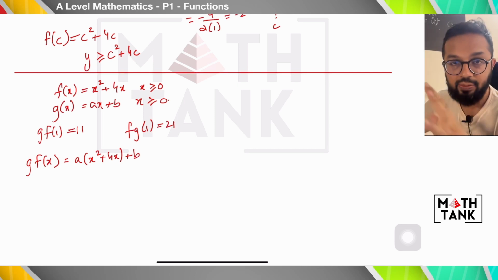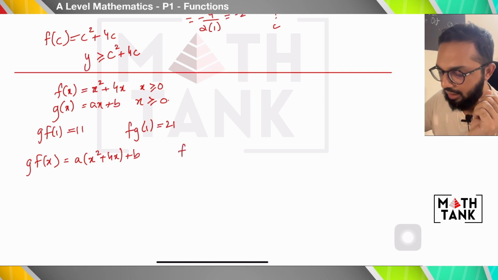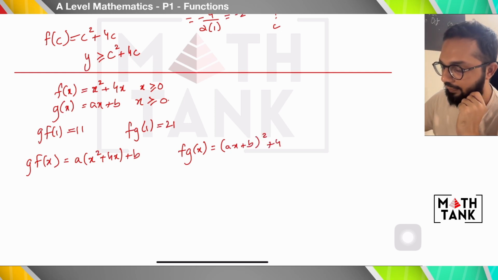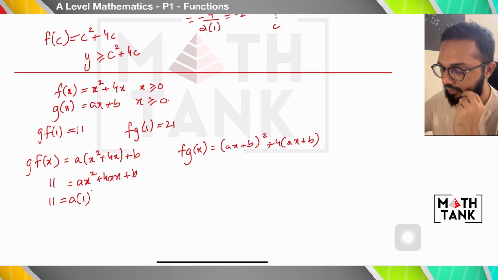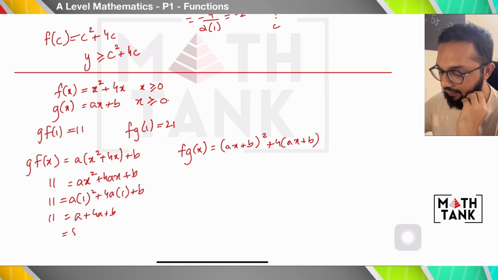I've replaced x with f of x in the function g, and for fg of x I'm going to say that this is (ax plus b) whole squared plus 4(ax plus b). So I get a(x squared plus 4x) plus b equals 11, so 11 equals a times 1 squared plus 4a times 1 plus b. So a plus 4a plus b equals 11, so that's 5a plus b.